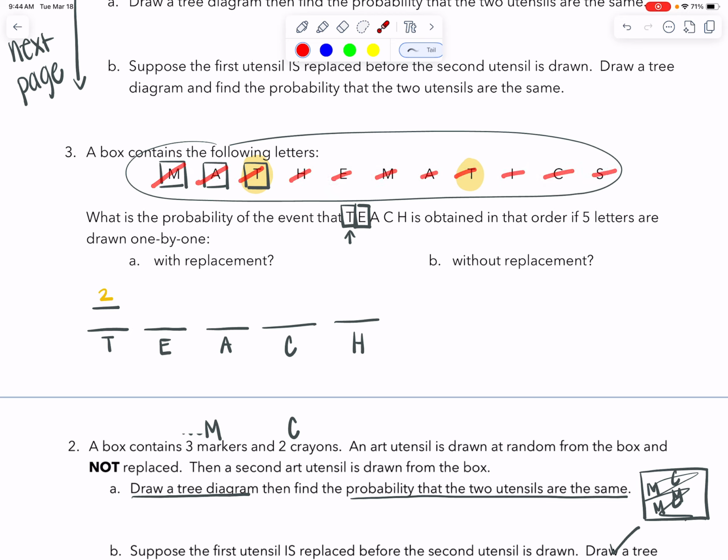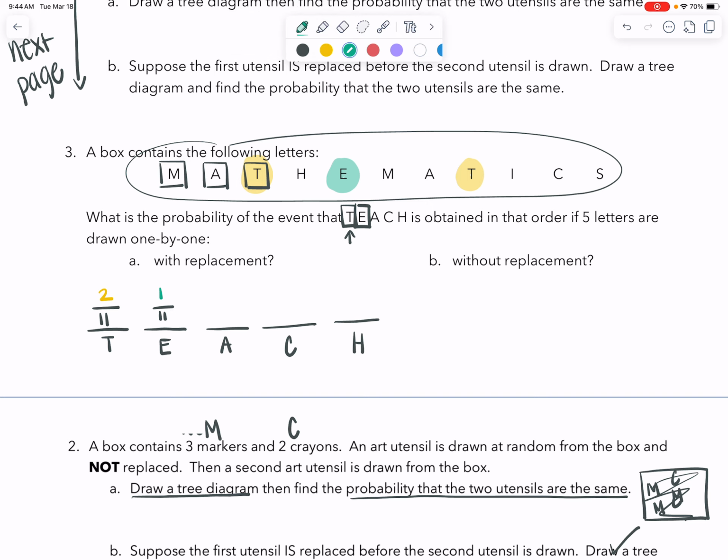Now, because I've put that letter back in, I still have 11 letters back in the basket. Now, what's the probability of an E? Well, there is just one E out of 11.